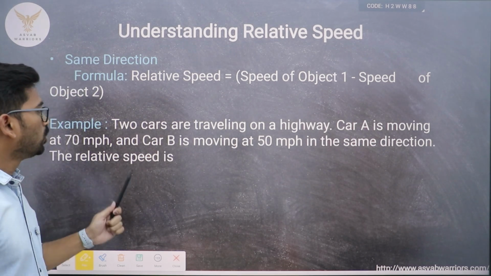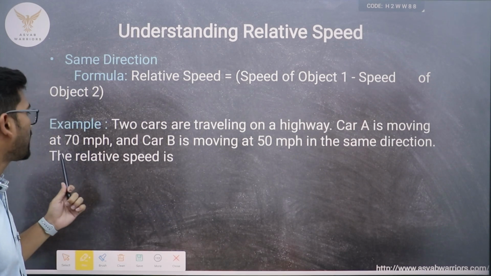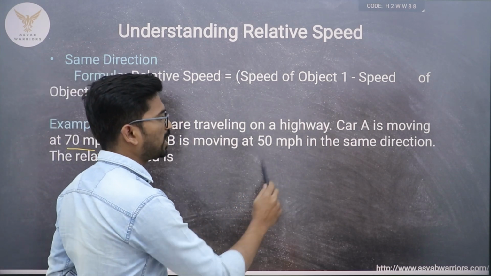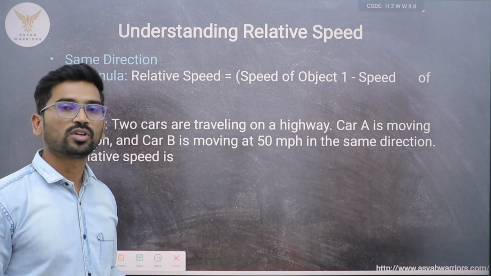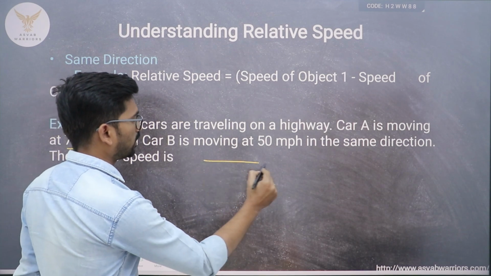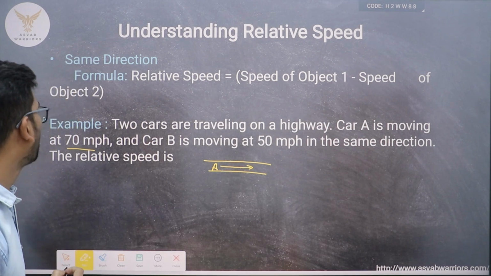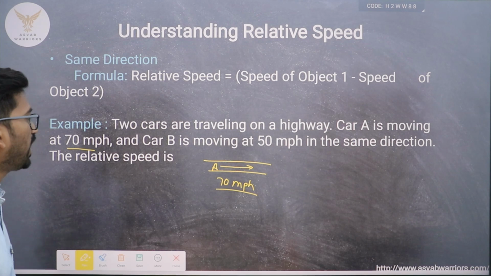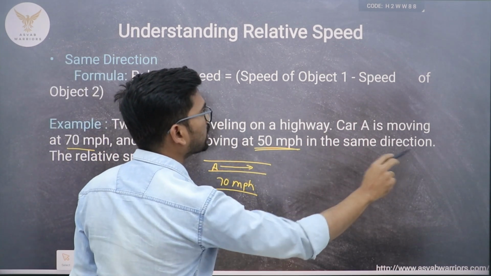The example is: two cars are traveling on a highway. Car A is moving at 70 miles per hour and car B is moving at 50 miles per hour in the same direction. The relative speed is? We have to calculate the relative speed. There is a highway and car A is traveling in this direction at 70 miles per hour, and car B is traveling at 50 miles per hour in the same direction.